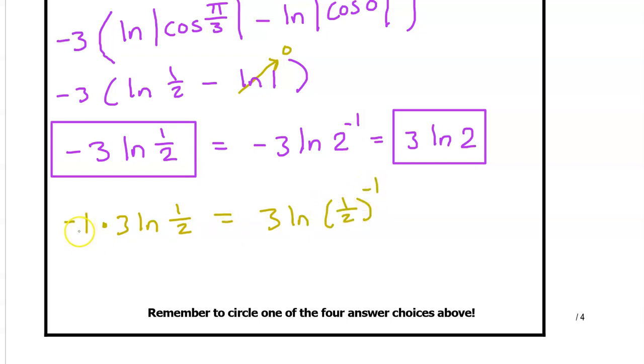See, I took the negative and I put it up here as the power. And hopefully you know that if you raise a fraction to a negative power, you're just going to do the reciprocal. So this would be the same thing as 3 times the natural log of 2. Kabam! Another way of getting the same answer.